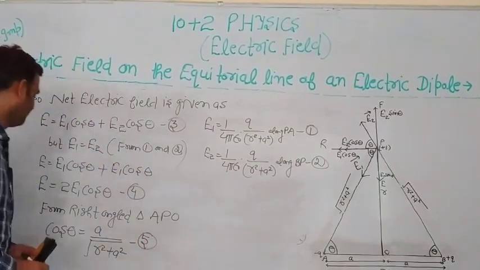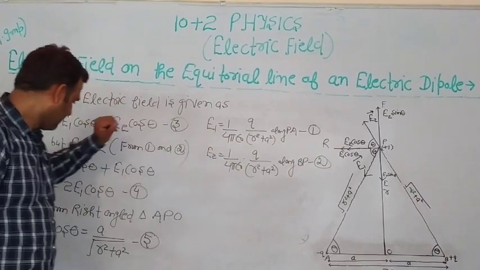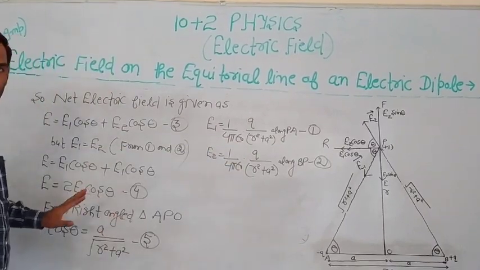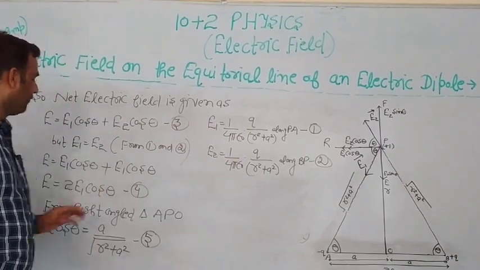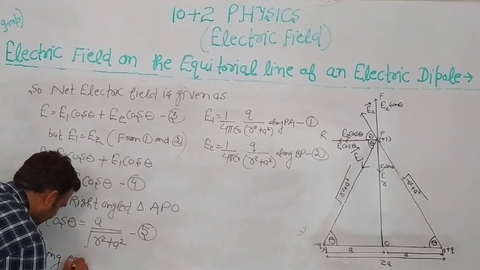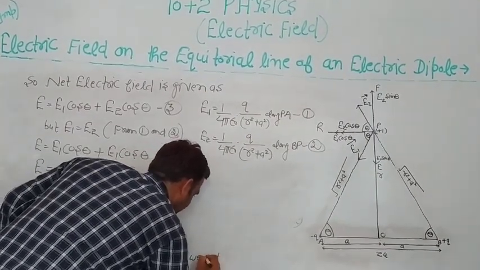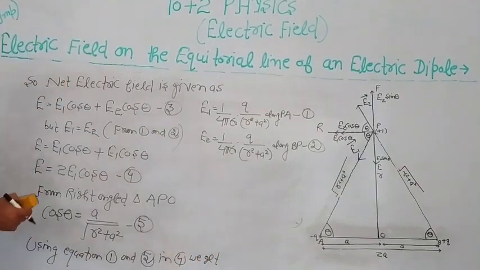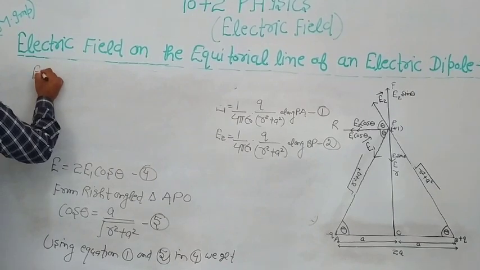This is equation 5. Now using equations 1 and 5 in 4, we get E equal to 2 times E1 cos theta.